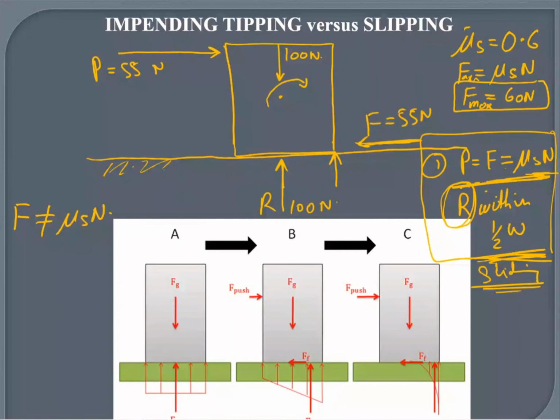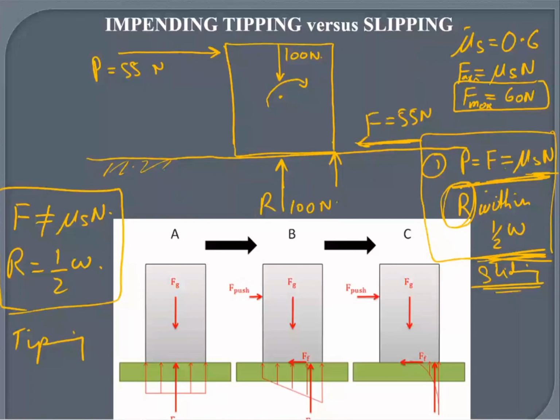Agree? Because mu Sn is 60. So my F never reached mu Sn because it didn't slide. And the other observation is that the position of R reached half width. Okay? Yes, sir.